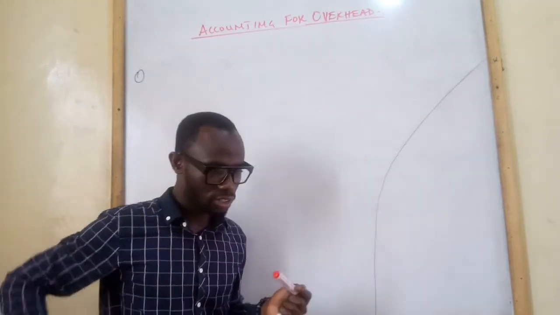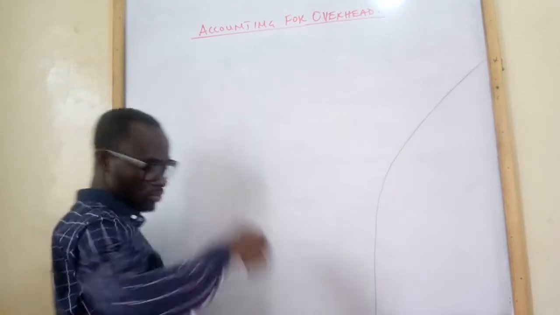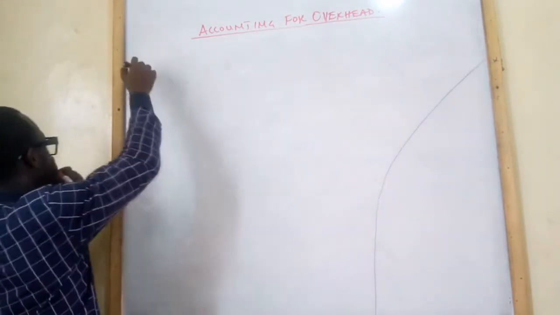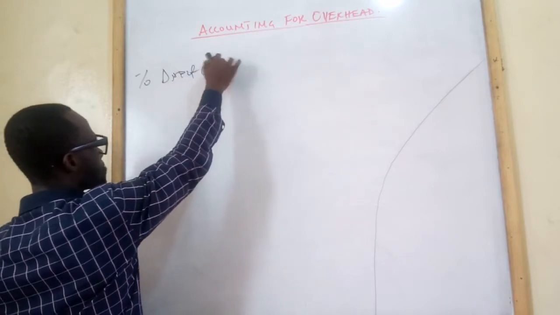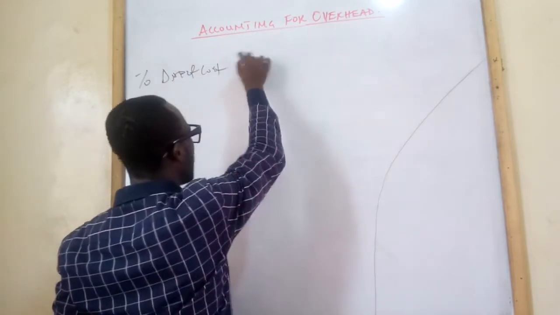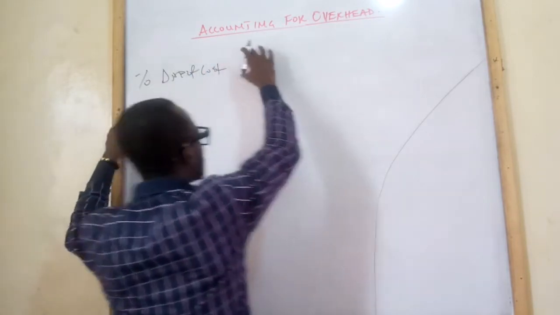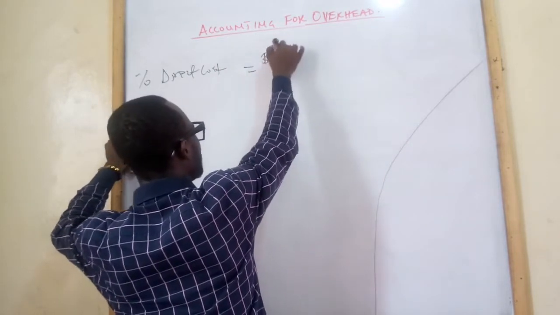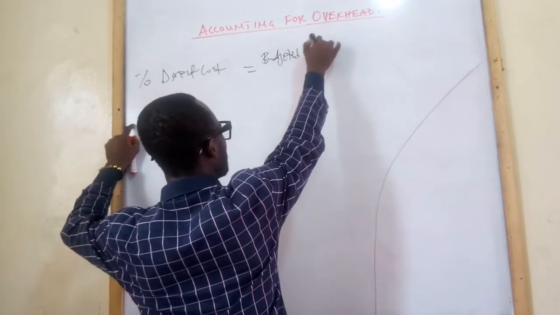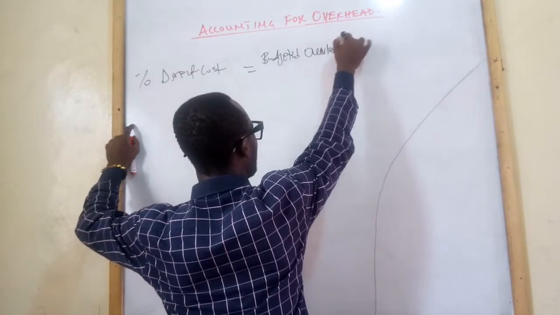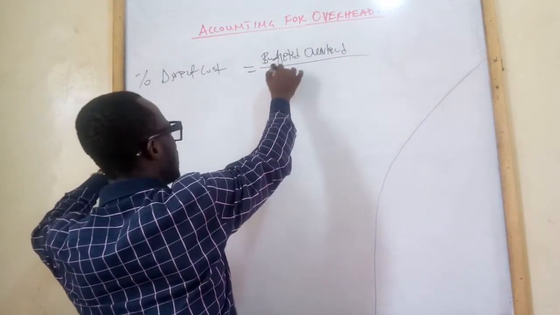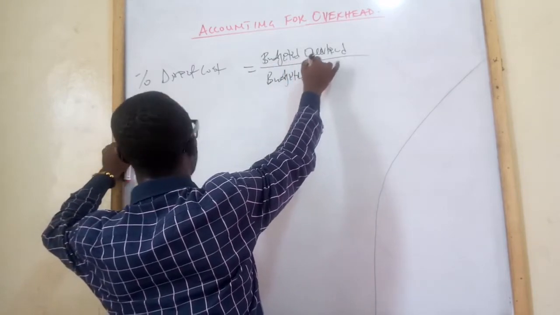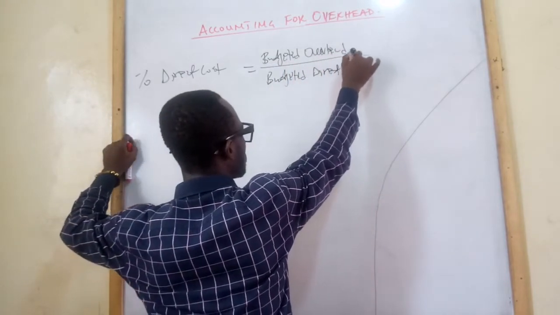We have calculating the overhead absorption rate as a percentage of direct cost. So we're going to calculate the percentage direct cost rate. So the overhead absorption rate based on the direct cost is going to be the budgeted total overheads divided by budgeted direct cost.